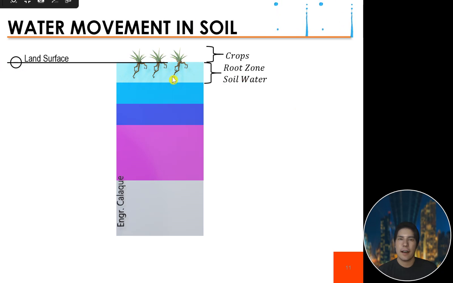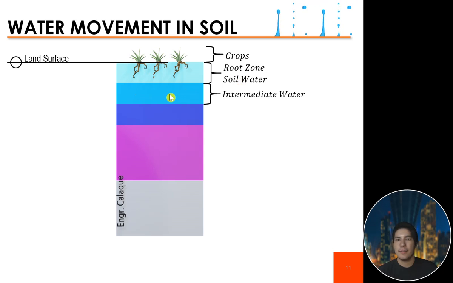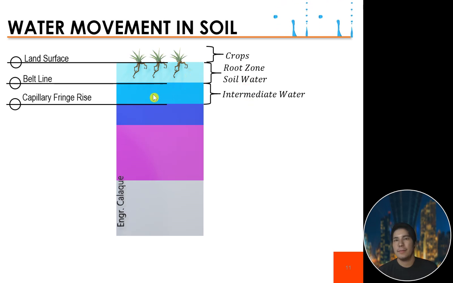So ito yung tinatawag natin na root zone soil water. Okay? And ito yung tinatawag natin na intermediate water. So, the line between the root zone soil water and intermediate water, we call it belt line.